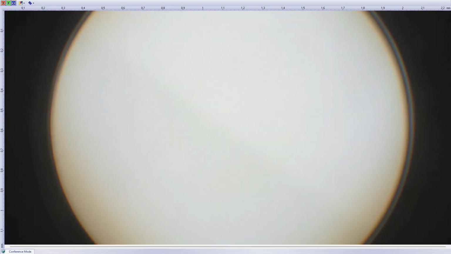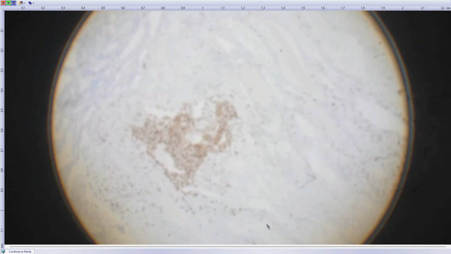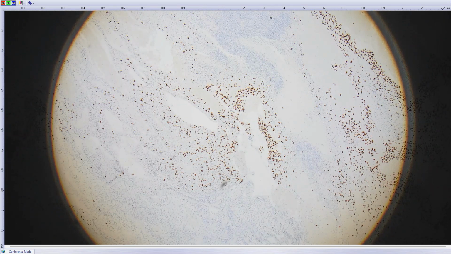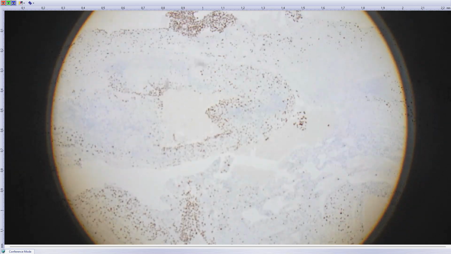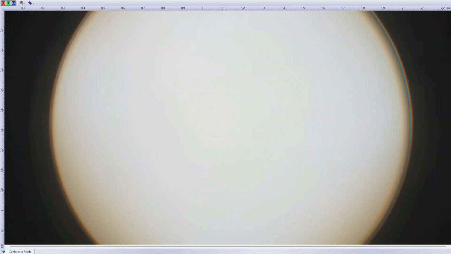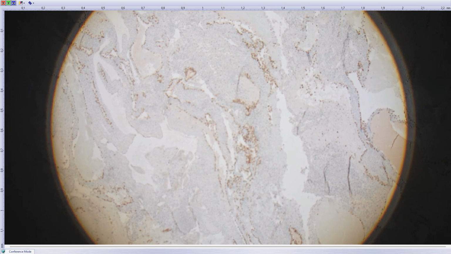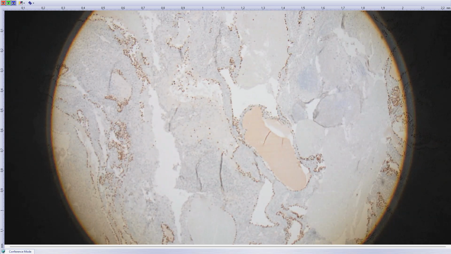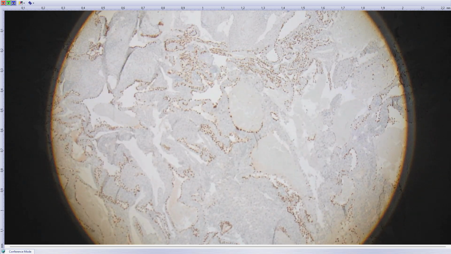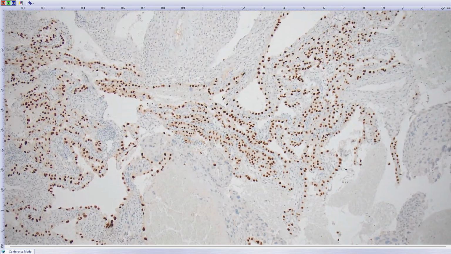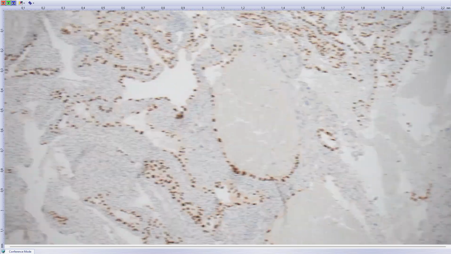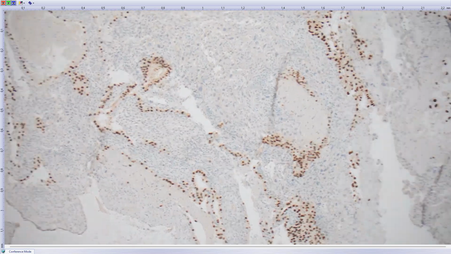This lesion was immunohistochemically positive for GATA3, which is this staining. It's typical for placental site trophoblastic tumor. PAX8 was negative in the lesion, which also corresponds to that. This positivity is retained only in Müllerian epithelium, which is of course positive, but the lesional cells are negative.